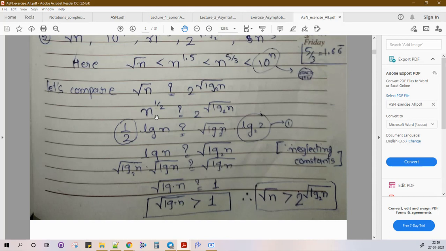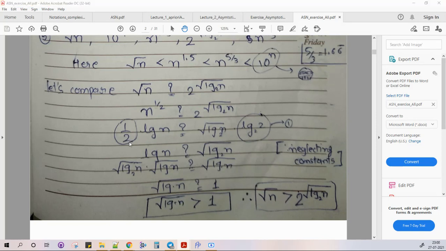If I take log on both sides, I get 1 by 2 log n on one side, and on the other the exponent becomes multiplication: under root log n multiplied by log 2. Log 2 is nothing but 1. Whenever you have this type of constant, just remove it, and we can definitely remove it because we have the flexibility to choose C in big O. So whenever you have this kind of thing, you can remove it.